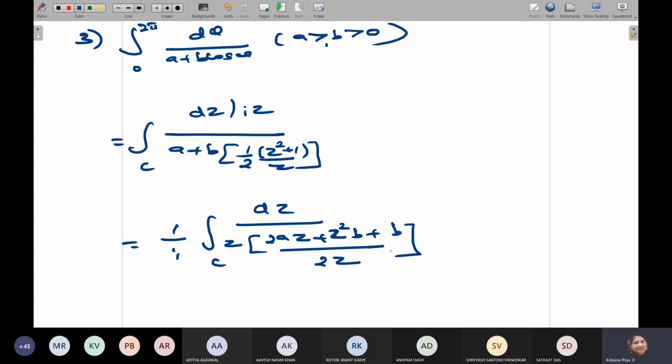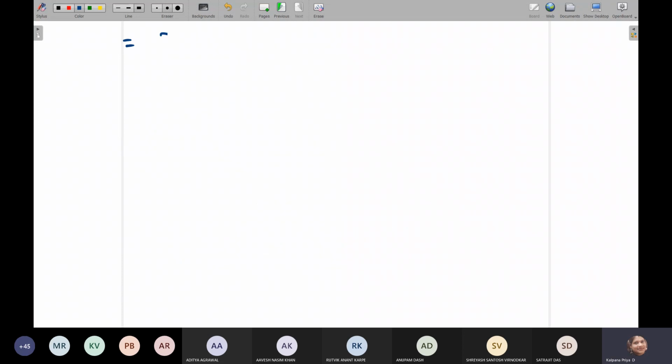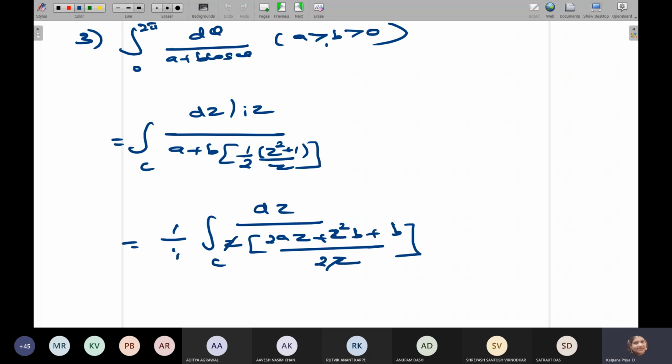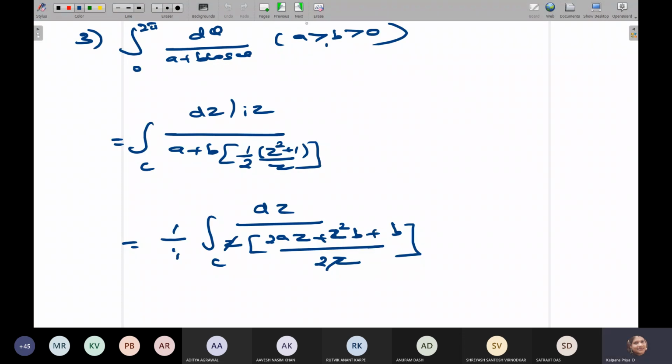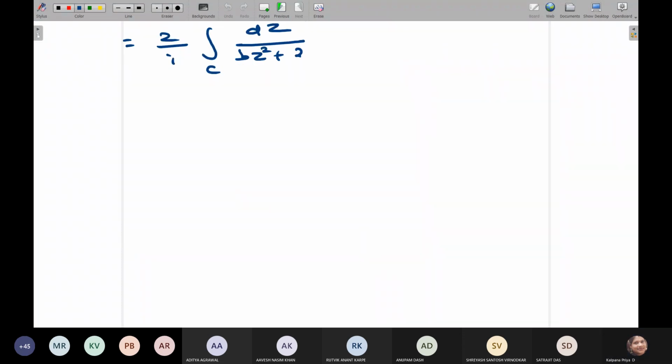Be careful in taking this. So z getting cancelled. We get 2 by i integral over c dz by b z square plus 2az plus b. Right. So we got this.